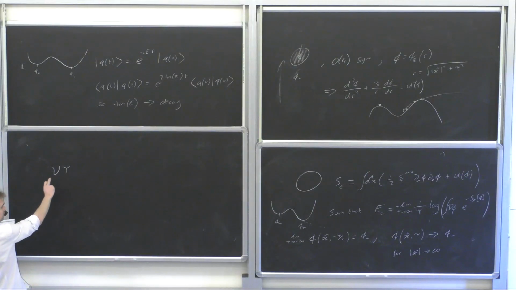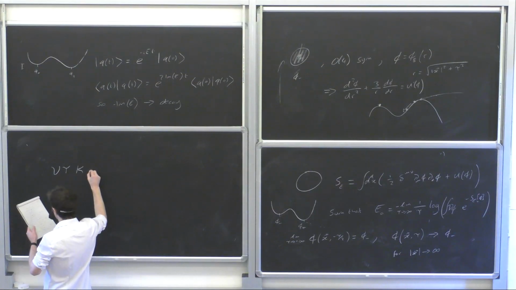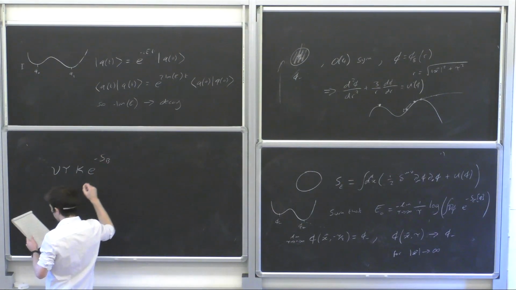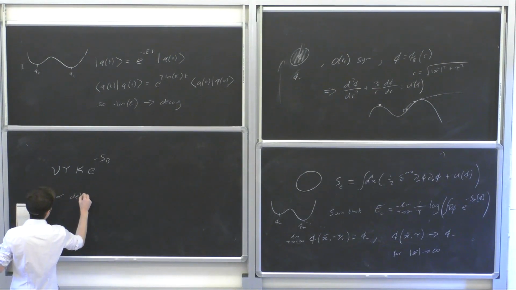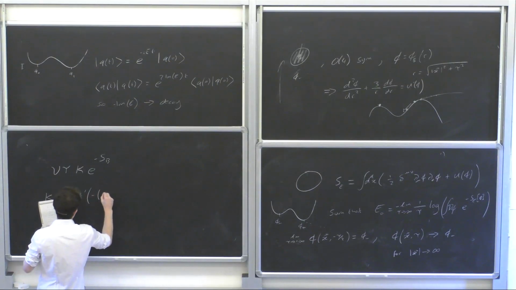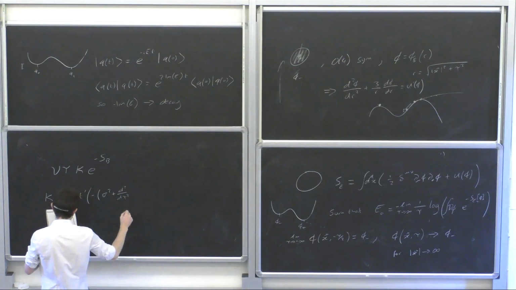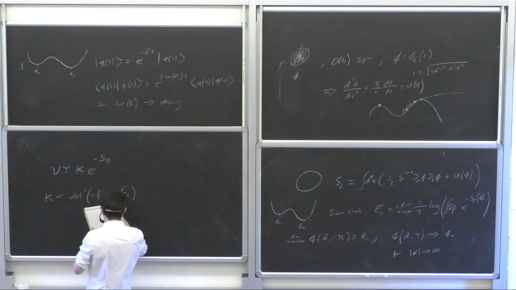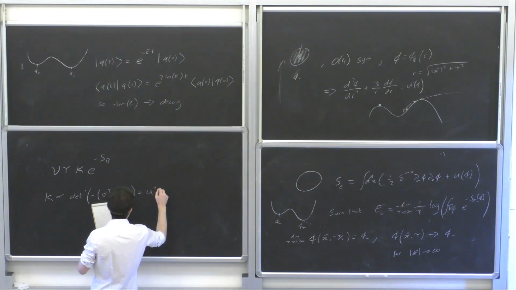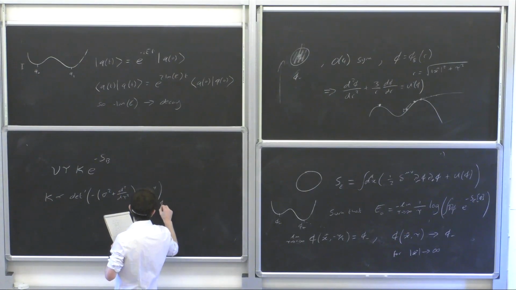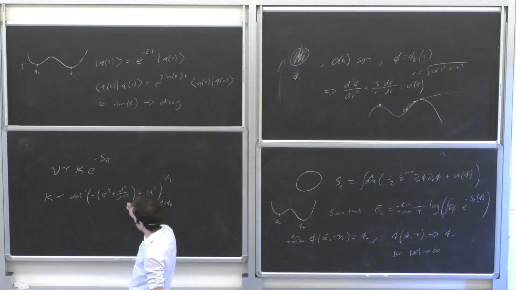This gives me a factor of the volume, space volume times the time, something that I'll call K, which I'll define in a second, then e to the minus S bounce, where K is proportional to det prime of minus del squared to the minus half, just like in the quantum mechanics example.